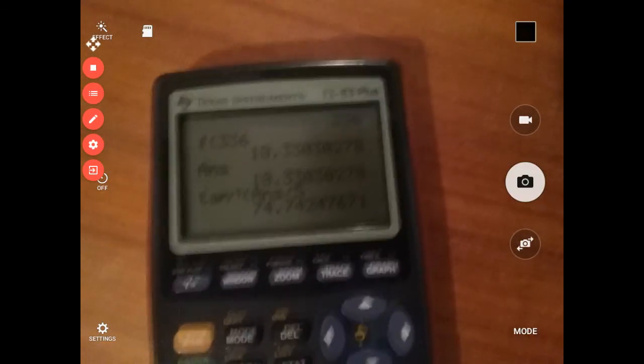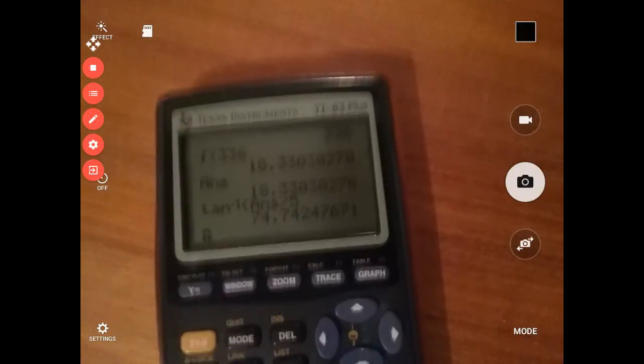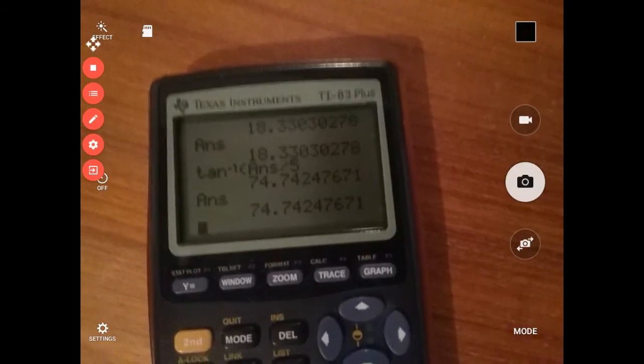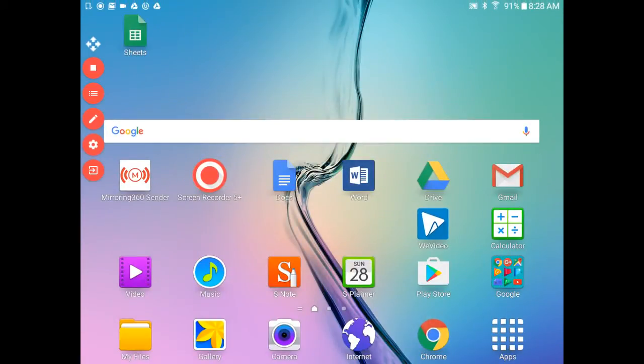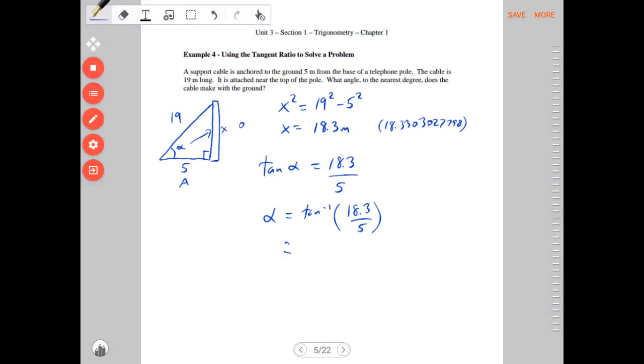Now that is stored in answer. So you have to make sure you get it right the first time, because answer changes every time you hit enter. Either way, you should only need to do it once. So on the TI-83, 84, that is still 74 point something, to the nearest degree, so 75 degrees.